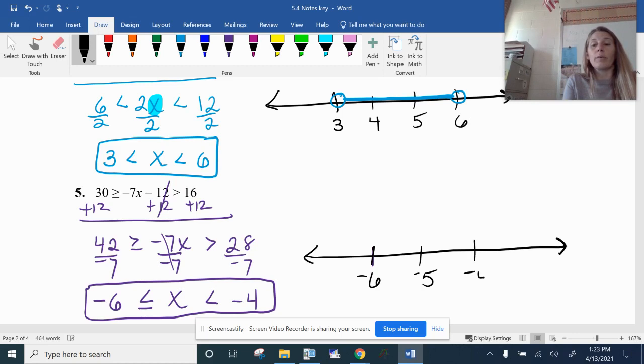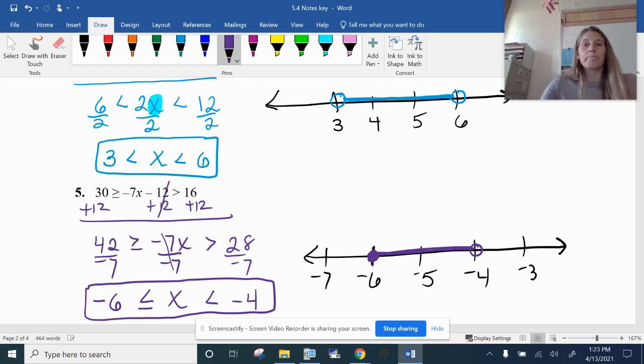And the larger number, which is the negative 4, is on the right. So I'm going to need a closed circle at the negative 6, since I have the equal to line, an open circle at the negative 4, and I'm going to shade in the middle.